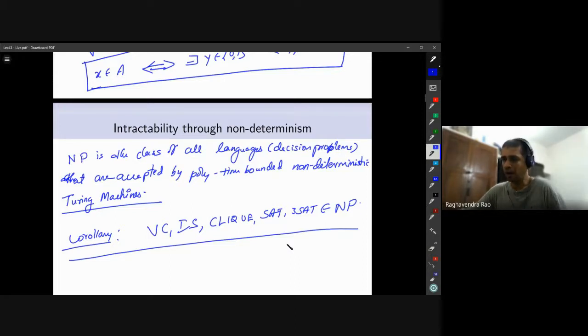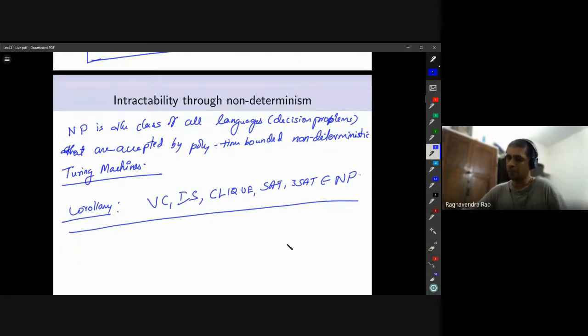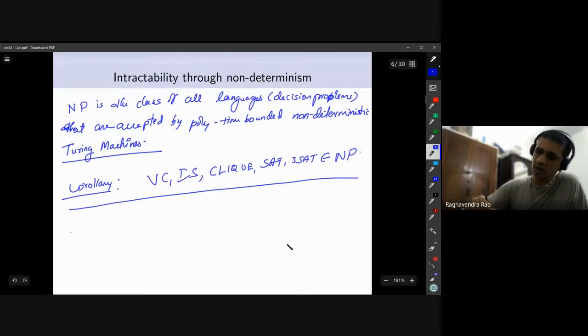What do I mean by hardest? Is there a problem in NP such that if you obtain a polynomial time algorithm for that problem, then you would have obtained a polynomial time algorithm for all the other problems? Okay, so is there a hard problem in NP?